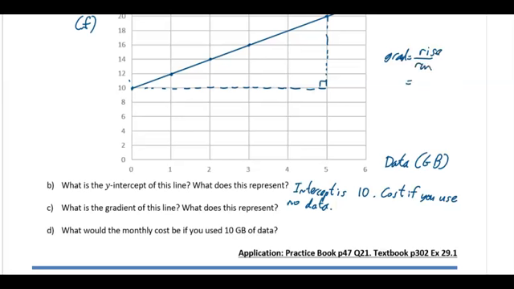So in this case, I've gone up here, my vertical is from 10 up to 20, so it is 10, and my run is 1, 2, 3, 4, 5, so it's 10 divided by 5, which is 2.